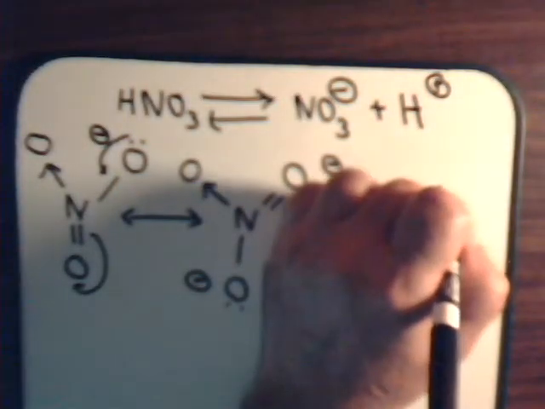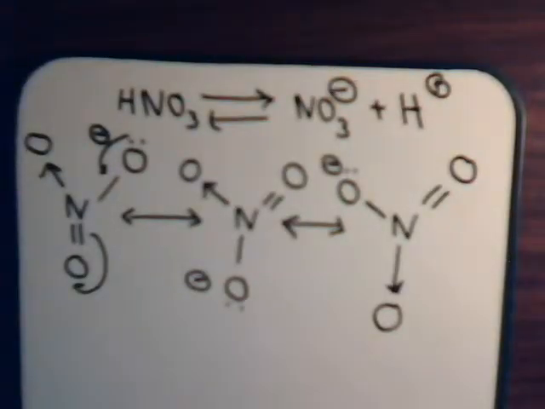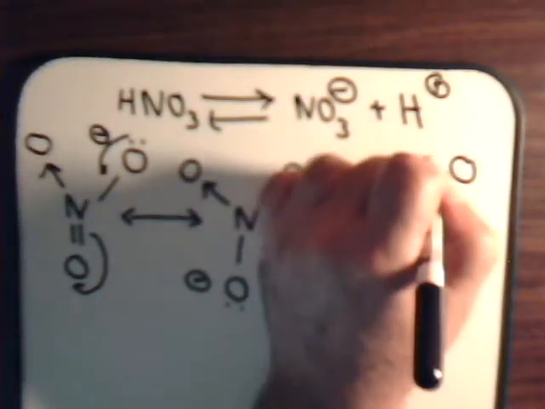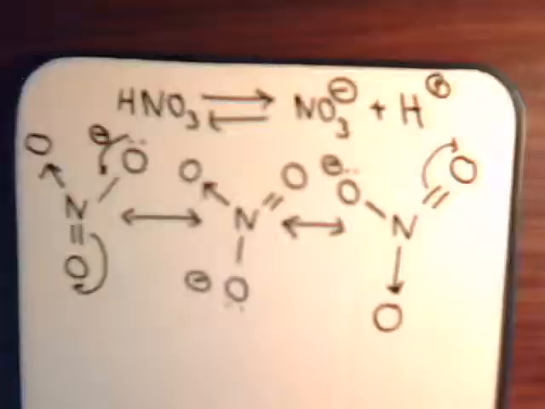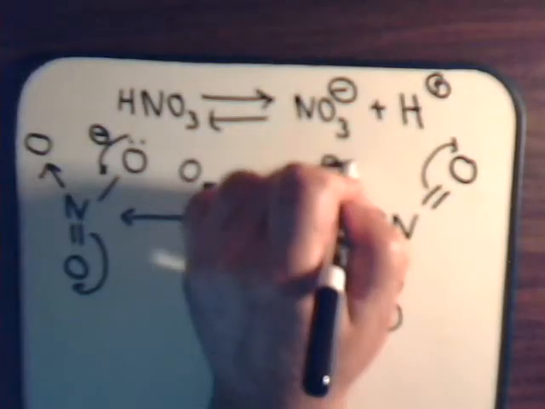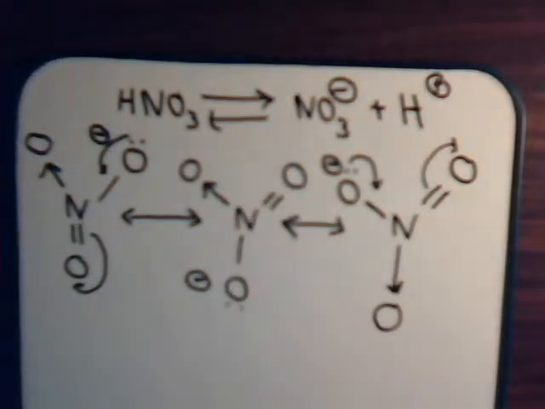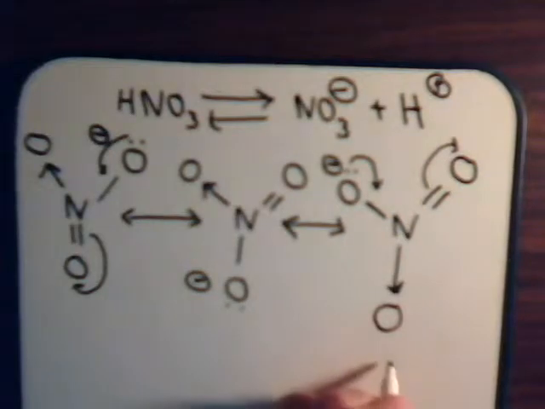And then we have the double bond to oxygen. Now, what can happen here is that this oxygen can keep both electron pairs for itself, and this one can donate the electron pair to form the double bond. So now we will have this resonance structure.